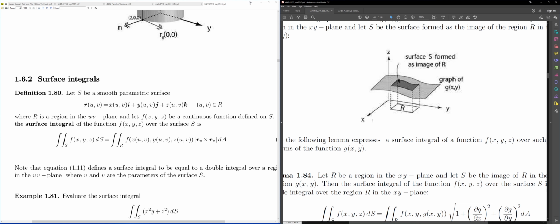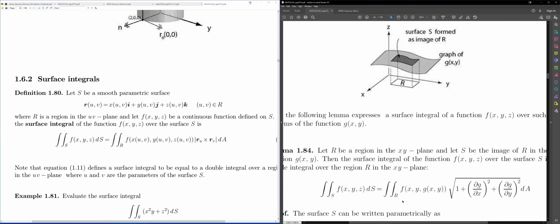So this formula that I'm going to talk about is set up for these sorts of situations. In order to use this formula, you'd need to have the graph of a function, this g(x,y), and you'd also need to have the surface S, which is a subset, a piece, of this graph.